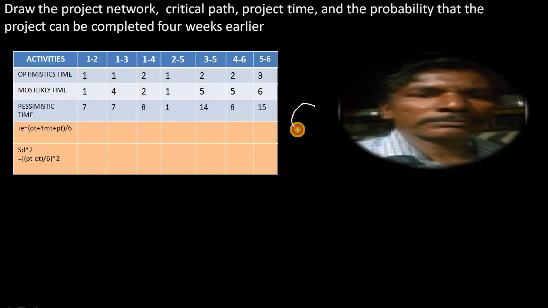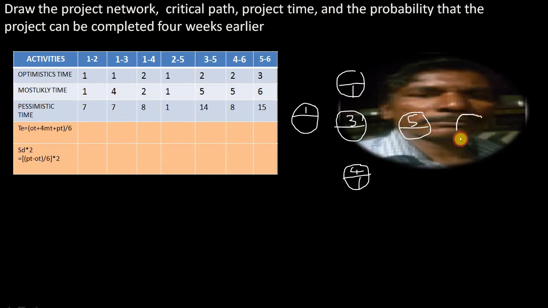So I am taking the first event here, then the second event like this, the third event here, the fourth event here, the fifth event here, and lastly the sixth event here.